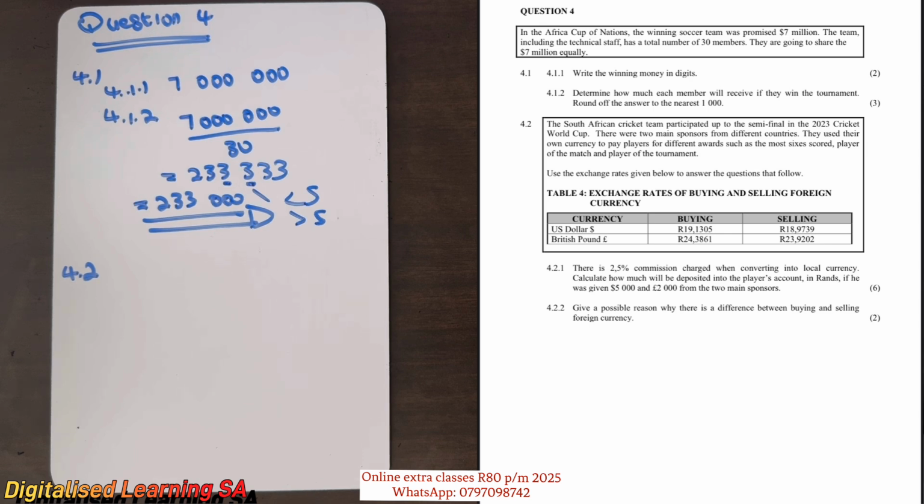They used their own currency to pay players for different awards, such as the most sixes scored, player of the match, and player of the tournament. Use the exchange rates given below to answer the questions that follow. So we are given the exchange rate table, which is table 4. And now let's go ahead and answer the questions that follow.